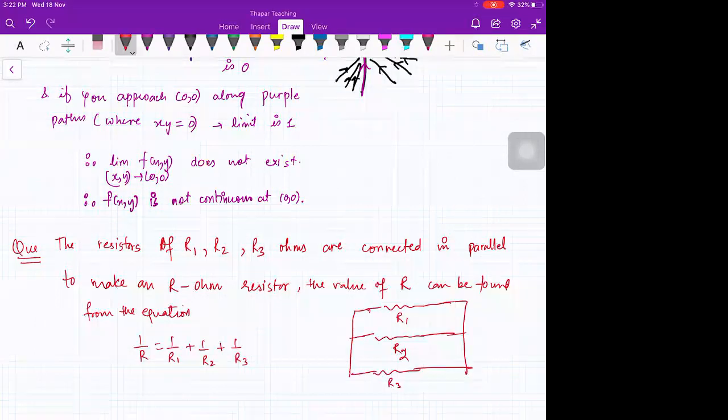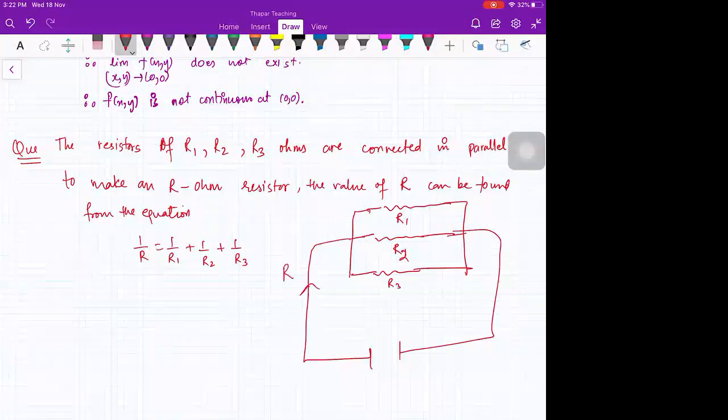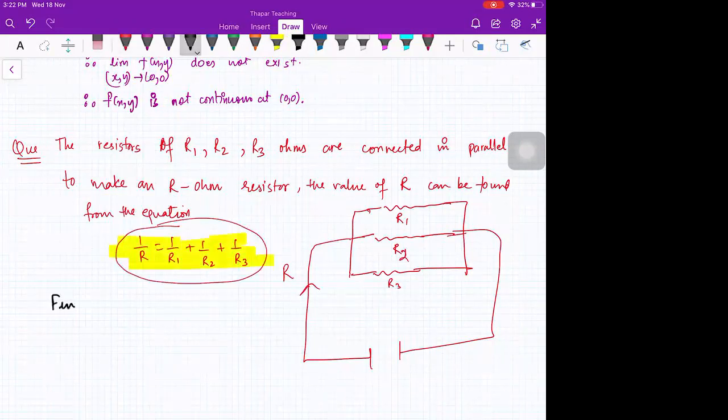If you have a circuit like this, your R, which is the final resultant resistance, is given by 1 by R equal to 1 by R1 plus 1 by R2 plus 1 by R3. Everybody knows this, right? Now the question is to find curly R by curly R2 when R1 is 30, R2 is 45, R3 is 90.